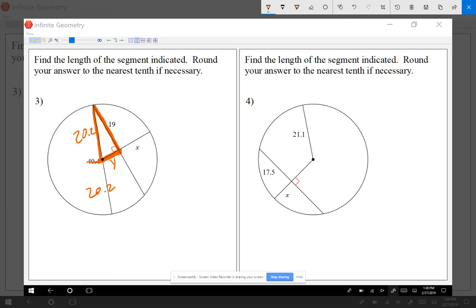Now looking at that triangle, I'm going to say y squared plus 19 squared equals 20.2 squared. Let me solve for y. I need to find out what 19 squared is. According to my calculator, that is 361. 20.2 squared is 408.04.